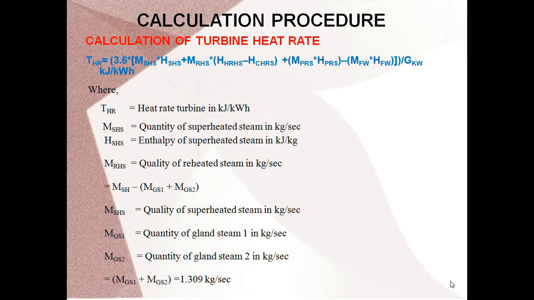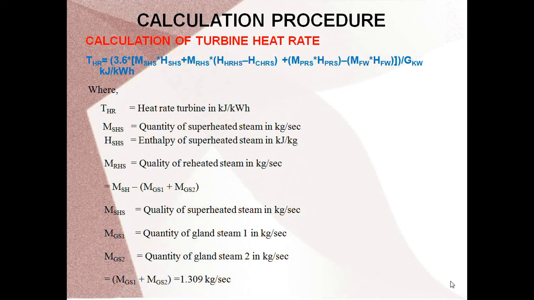This is the calculation for the procedure of turbine heat rate. This is the formula: THR equals 3.6 into MSHS into HSHS plus MRHS into HRHS minus HCHRS plus MPRS into HPRS minus MFW into HFW.